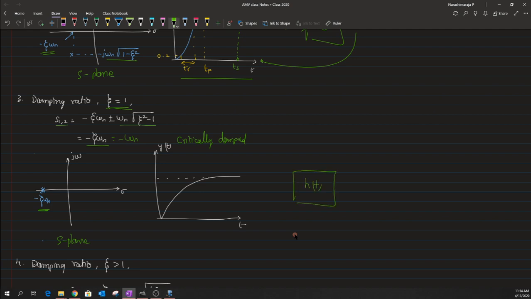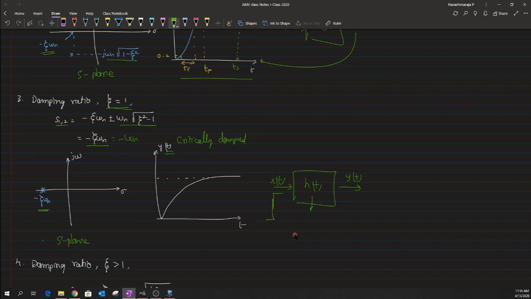then generally have this kind of output which is mapped onto this graph y of t, and we call this response a critically damped response, where both the system poles of this h of t are placed one on top of each other, okay. And yeah, I forgot one more thing to tell.